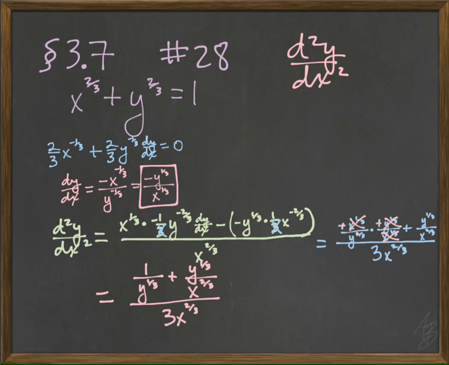Multiply by y to the 1/3 and x to the 2/3, right? So if we multiply by y to the 1/3 and x to the 2/3, on top, we're going to get x to the 2/3 plus y to the 2/3, yep.